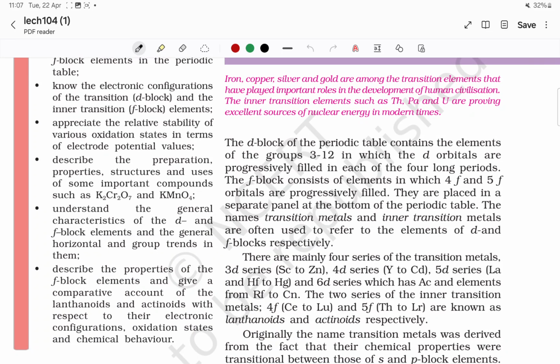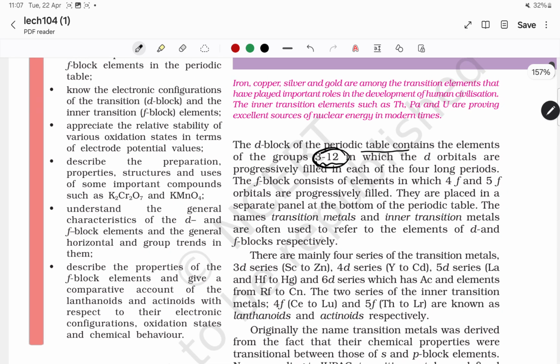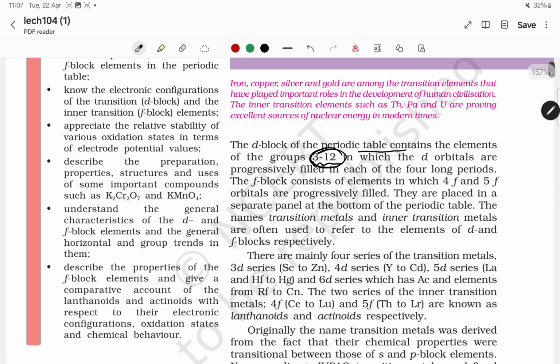Okay, we'll start. The D block of the periodic table contains the elements of groups 3 to 12, in which the d orbitals are progressively filled in each of the 4 long periods, which means 3d, 4d, 5d, 6d.